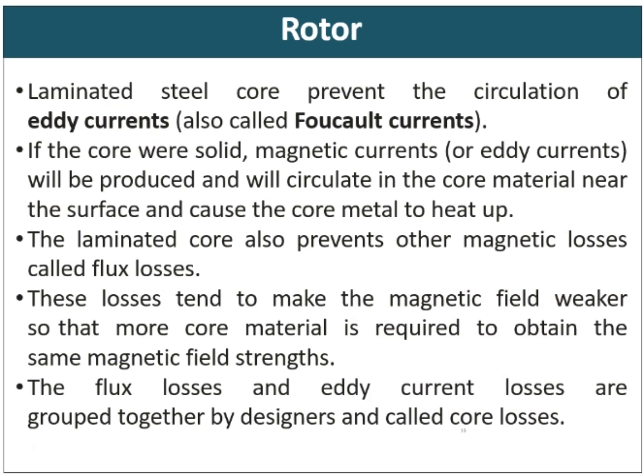Then we come to the next one, the laminated steel core prevents the circulation of eddy currents. Again here the core is laminated to prevent eddy currents. Sometimes eddy current is called the Foucault current as well.